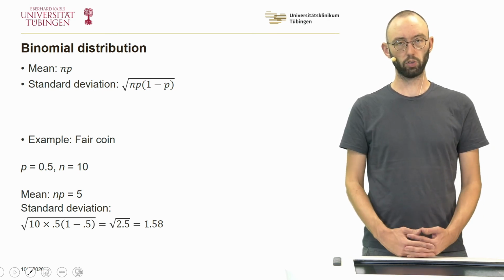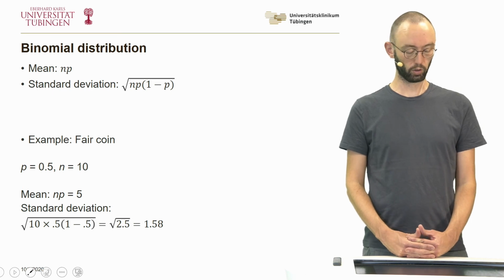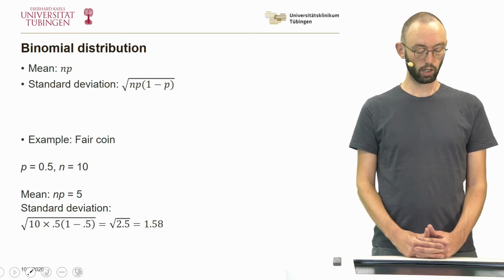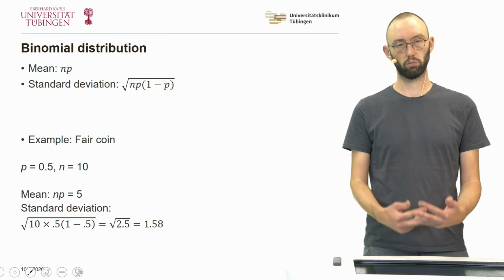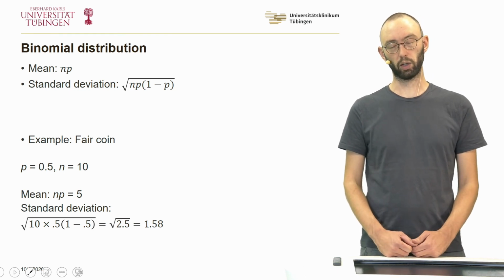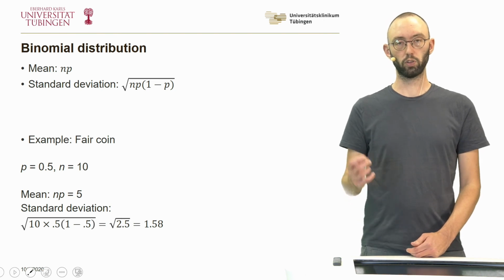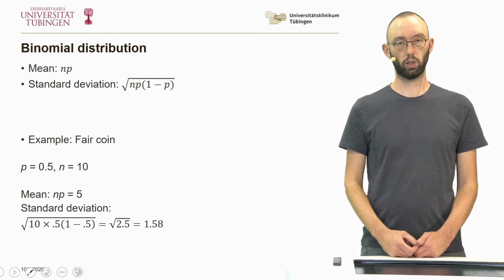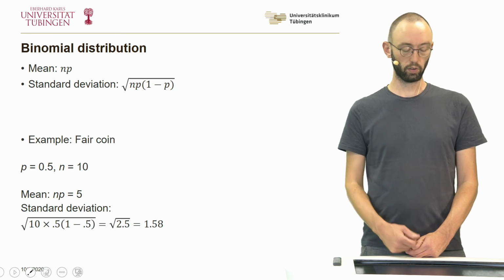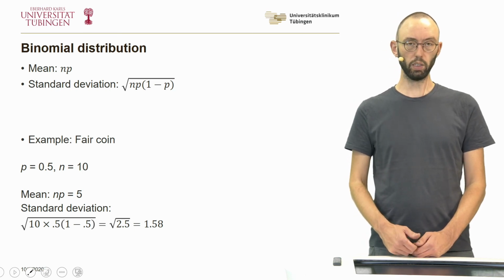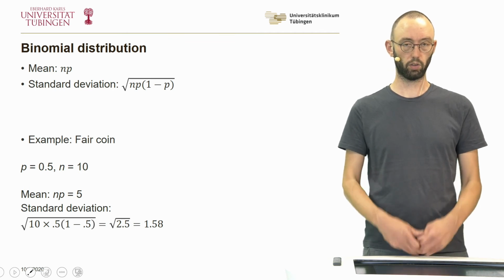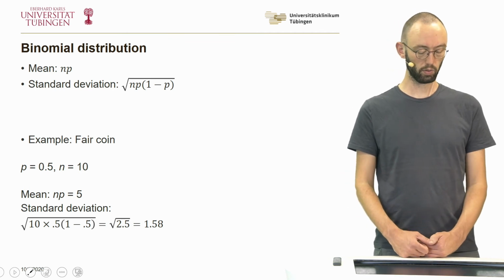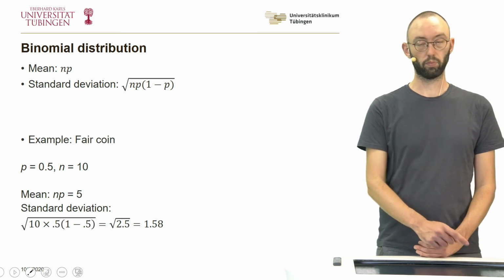As I already mentioned, you can always think of the example of a fair coin, where p equals 0.5 and n equals 10, for example. That means for this binomial distribution, you would toss a coin 10 times and count how many times heads faces up. The mean across doing this entire experiment many times would be n times p, so 5.